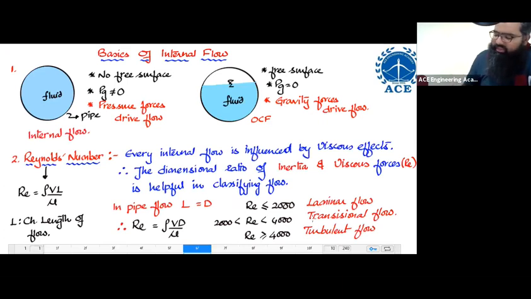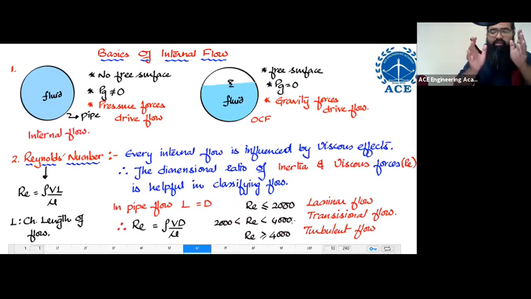Of course, these three flows have some differences, so somewhere their equations are going to be different, but some governing equations are still the same.